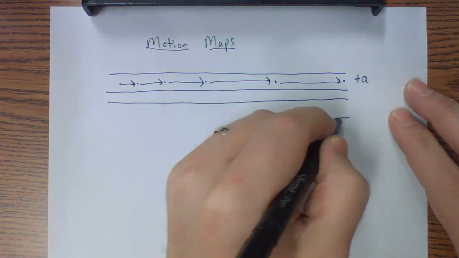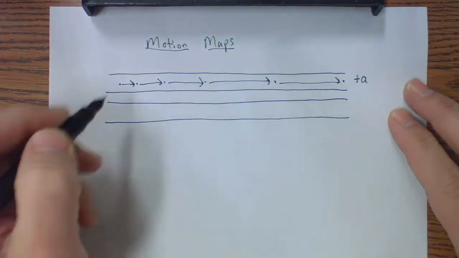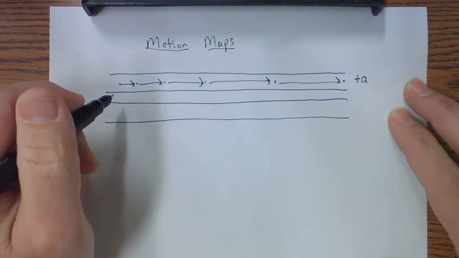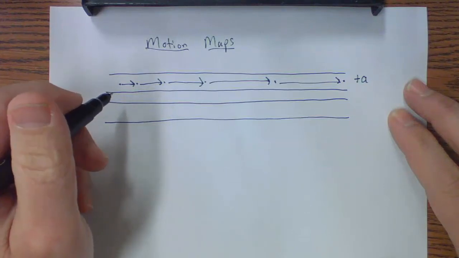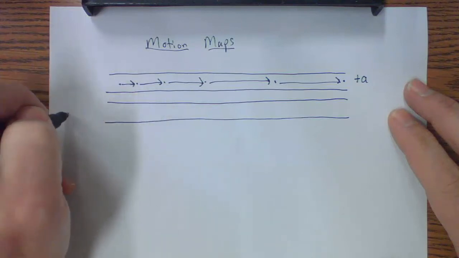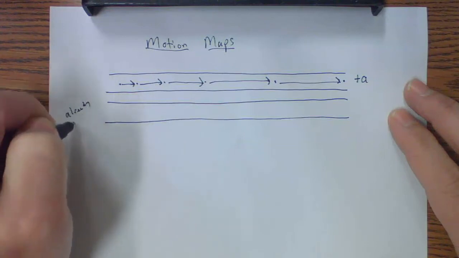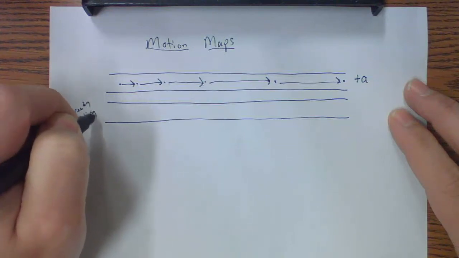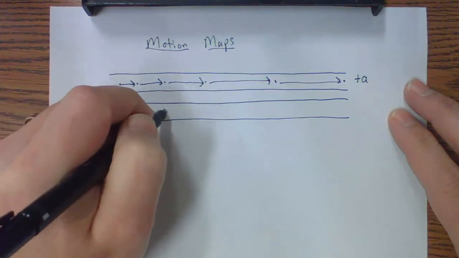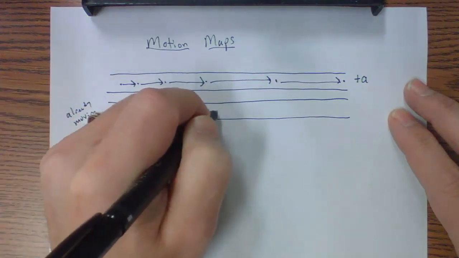Now if we had a set of dots that did something different, so let's say we have a set of dots, maybe we're already moving, so this could be already moving. But now our motion is getting smaller.